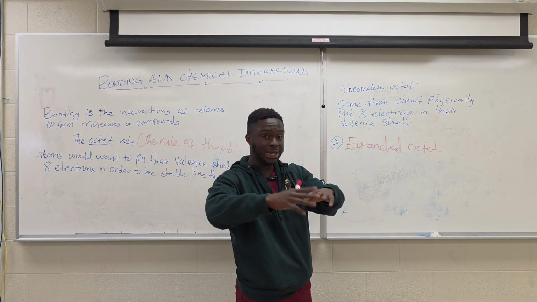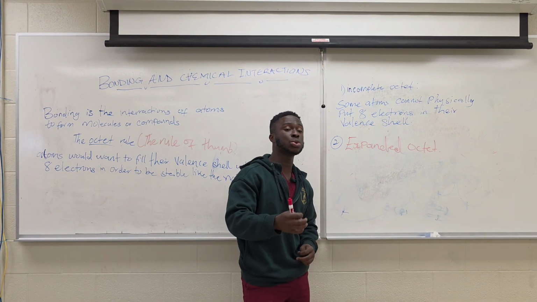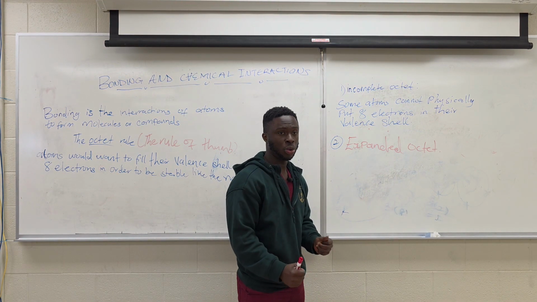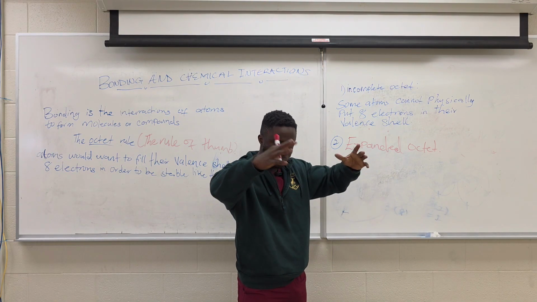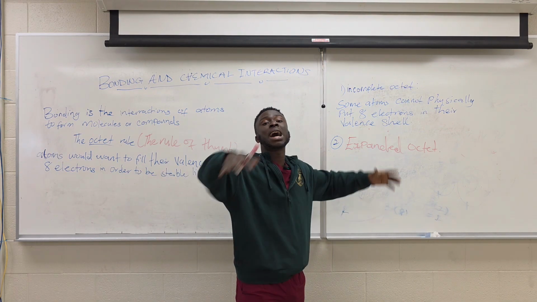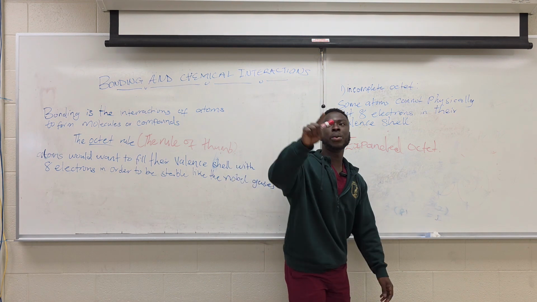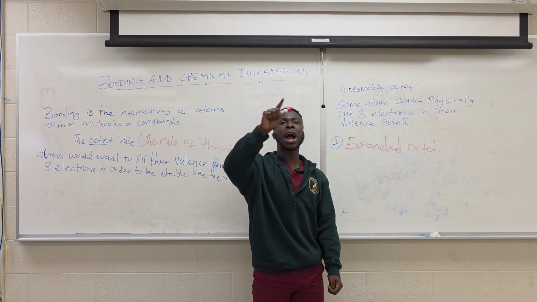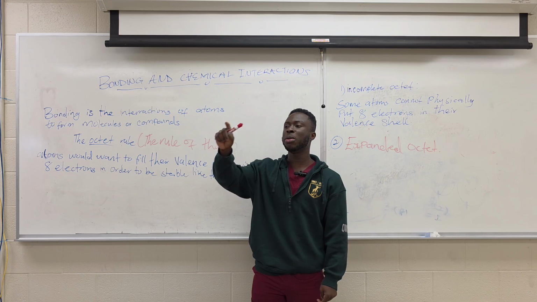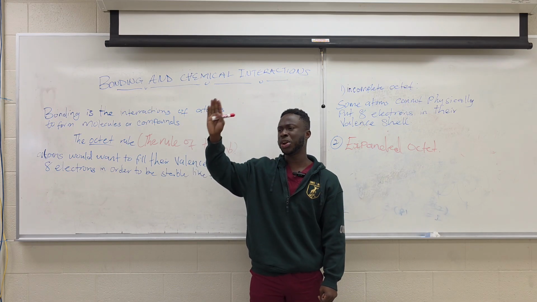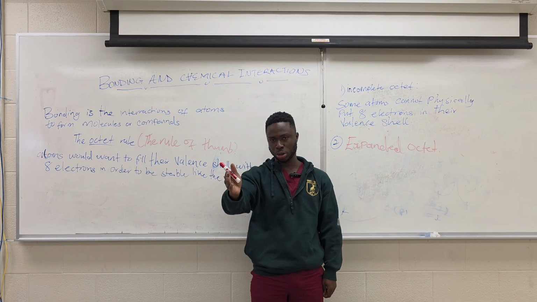They have the d subshell at their disposal, so they can dance with electrons. They can gain more electrons than 8. So they could put more than 8 electrons in their valence shell. That is the expanded octet. So if you are reading on the periodic table and you go hydrogen, helium, lithium, beryllium, boron, carbon, nitrogen, oxygen, fluorine, neon, sodium, magnesium, right?